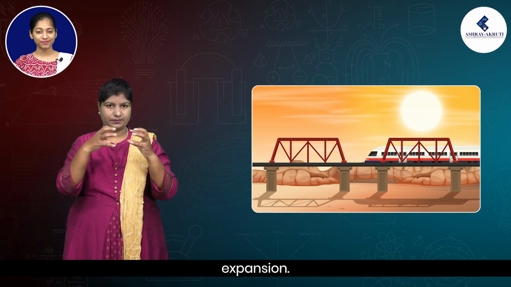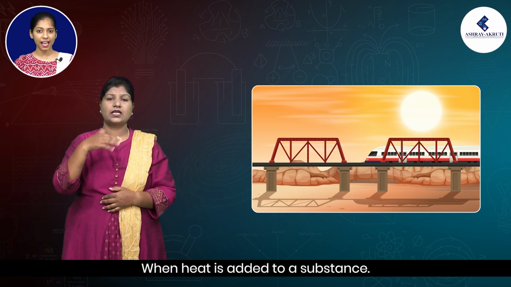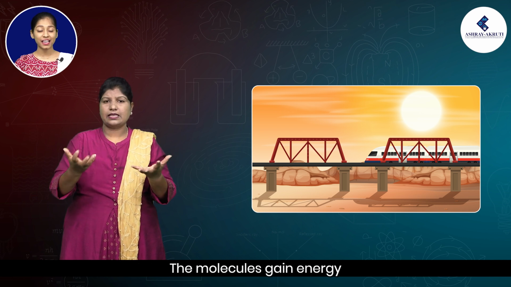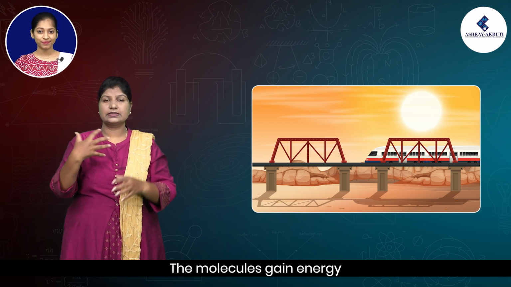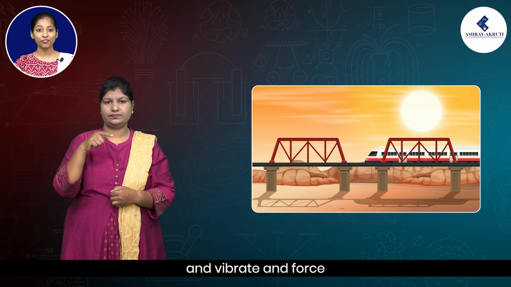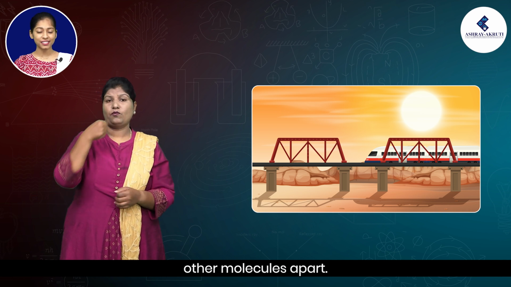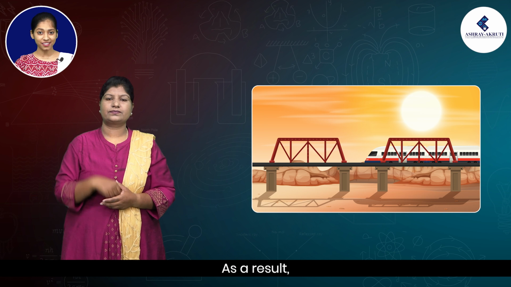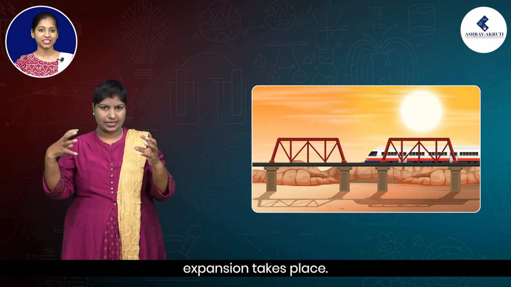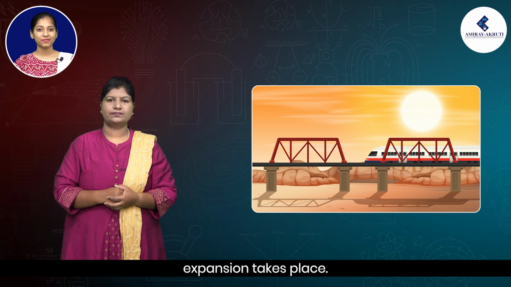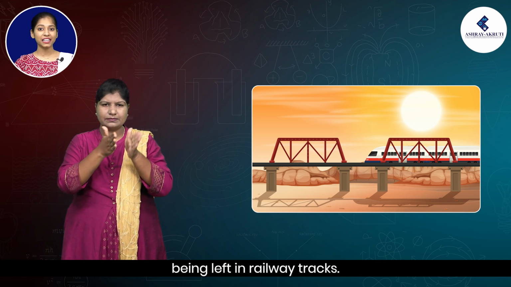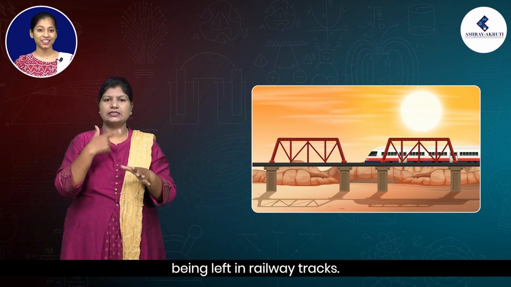Expansion. When heat is added to a substance, the molecules gain energy and vibrate and force other molecules apart. As a result, expansion takes place. You would have seen some space being left in railway tracks.